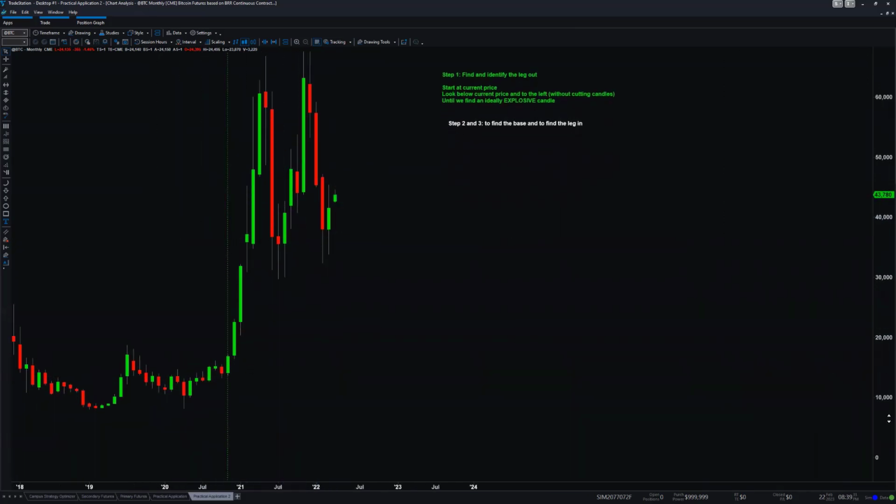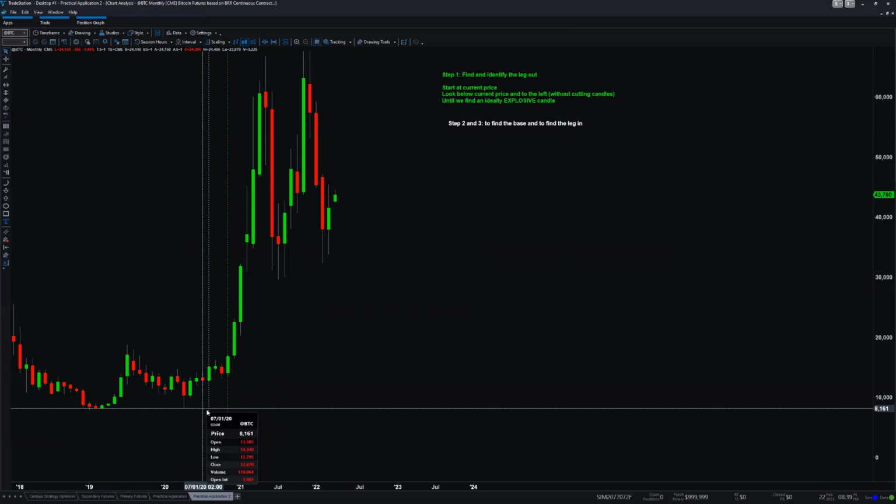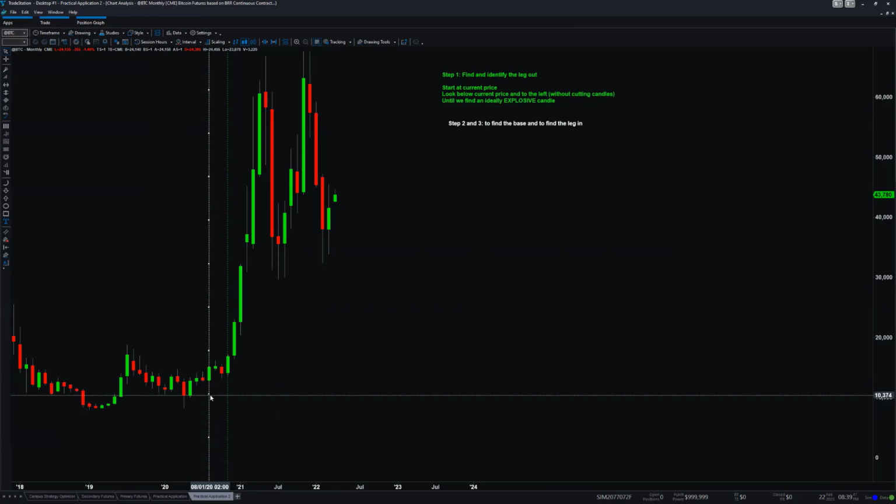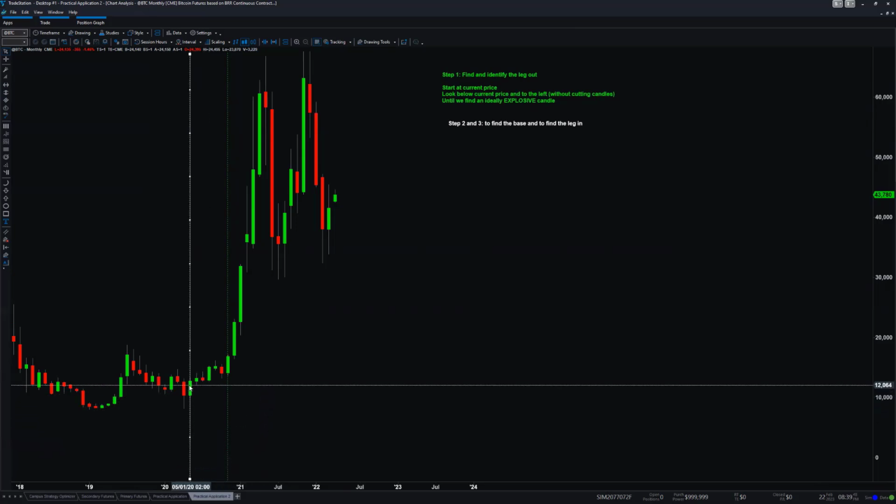And now, where would be the base and where would be the leg in? Well, we could say this could be the leg in. But we could also say, in the context of things, this could be the leg in.